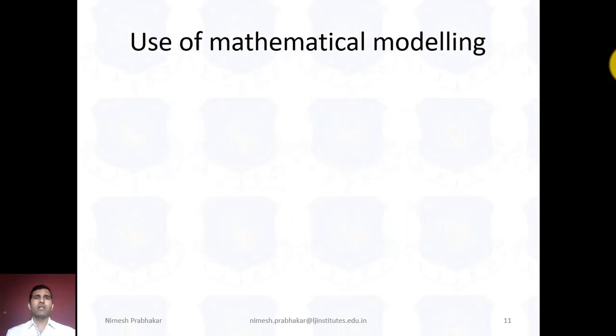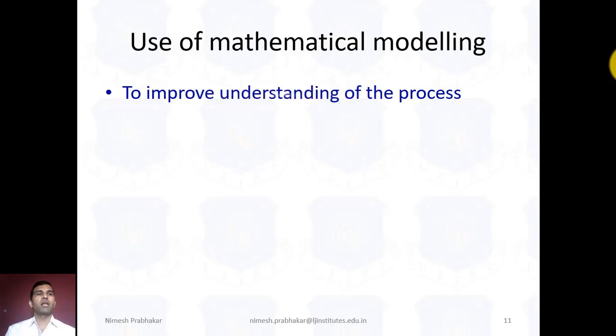Now the question occurs in mind, what are the uses of this model, or what is the use of mathematical modeling? The first use of mathematical model is to improve understanding of the process. That means process model can be analyzed or used to investigate the process behavior without the expense and unexpected hazards of operation of a real process.